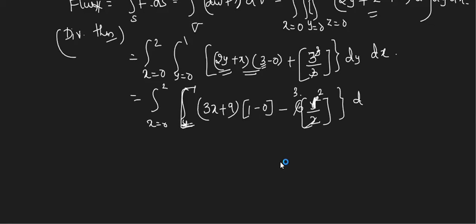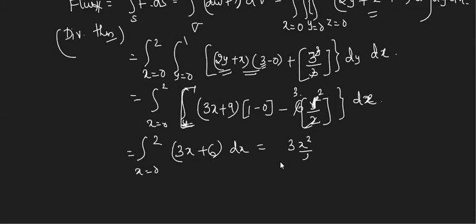Let's check with respect to x. Still we have to do it. So what is the answer? This is x varying from 0 to 2. 3x plus 9 and this is minus 3. Plus 9 minus 3 is how much? Plus 6. With respect to x, it is x square by 2.